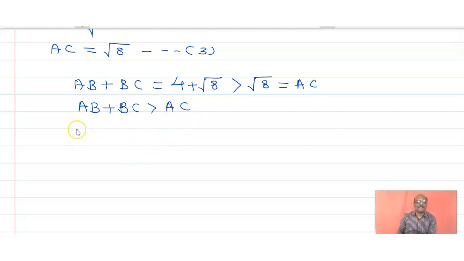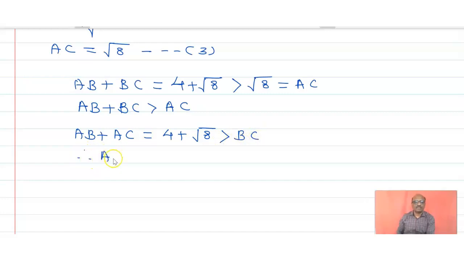Next, AB plus AC. But what is AB here? AB is 4, and AC is root of 8. Again, it is greater than BC.